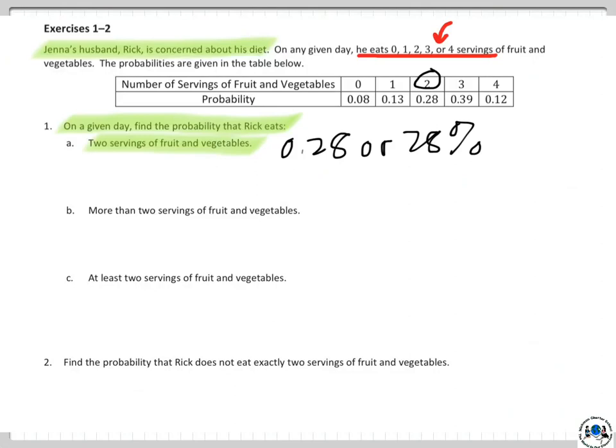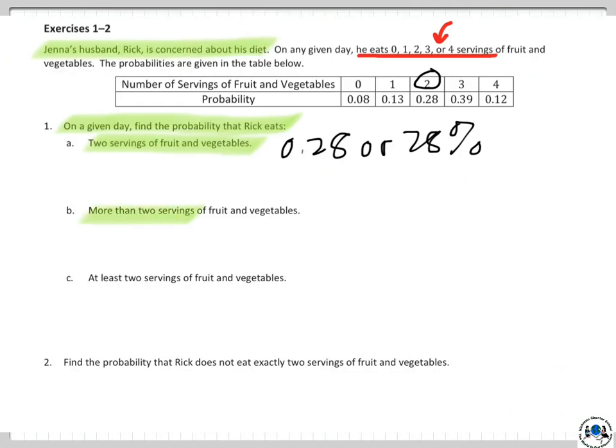So I like 28% myself, but I think in some statistical applications, 0.28 is more usable. But for us, either of those is equivalent. 0.28, or 28 hundredths, or 28%.